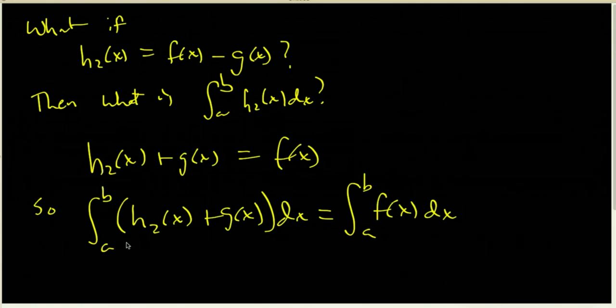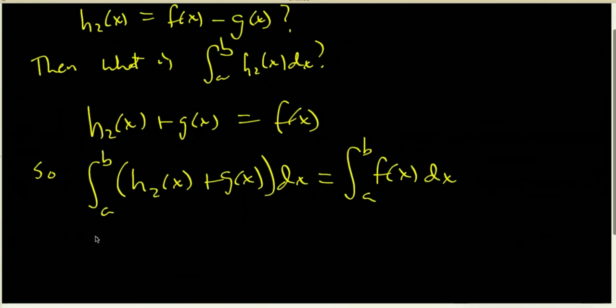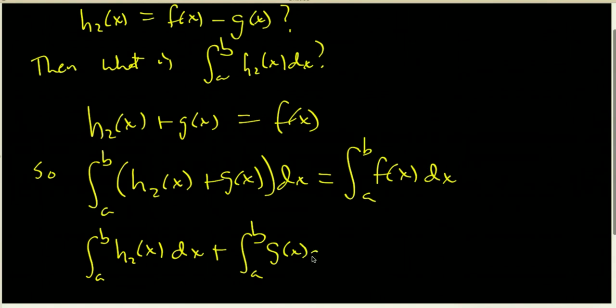Now, our first property lets us break this integral up, and so we get the integral from a to b of h2 of x dx plus the integral from a to b of g of x dx, will be equal to the integral from a to b of f of x dx.